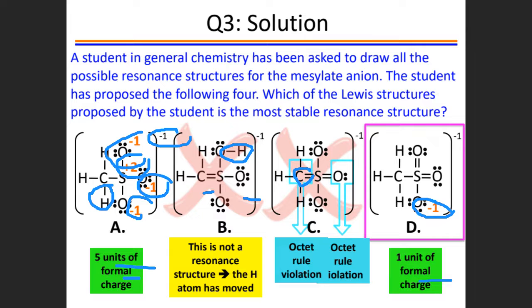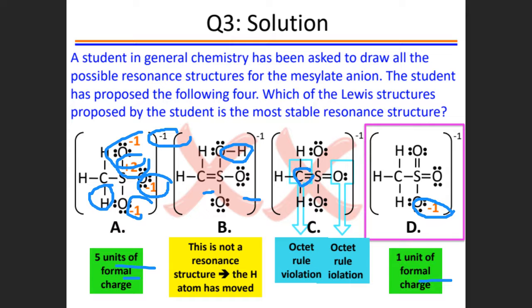Here they changed the hydrogen, but in the resonance explanation, we learn that we don't change the atom. Got it? We don't change the atom. We just change the electron location to make a bond. So that's why this is also not the correct one.